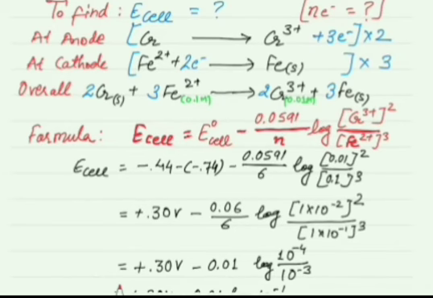So reduction takes place at the cathode, on the product side, and the log concentration of chromium 3 plus ions means the concentration of ions on the product side.